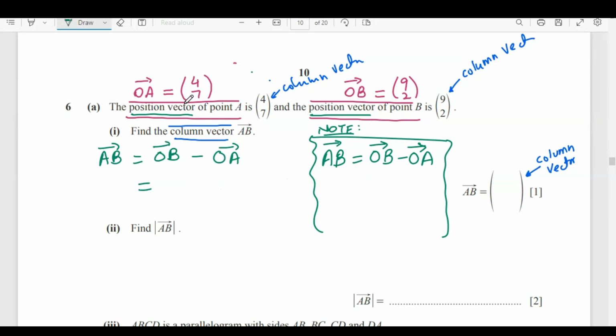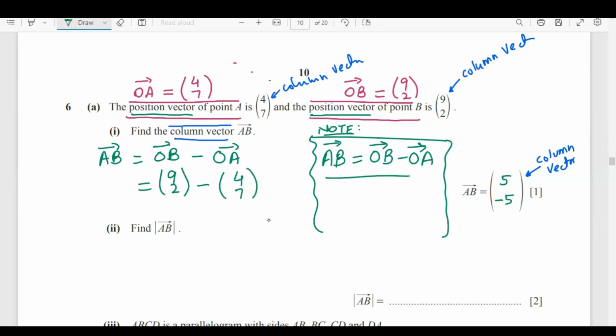Vector OB is (9, 2) and vector OA is (4, 7). So I'm going to write OB as (9, 2), a 2 by 1 matrix, minus OA, (4, 7). So 9 minus 4 is 5 and 2 minus 7 is minus 5.